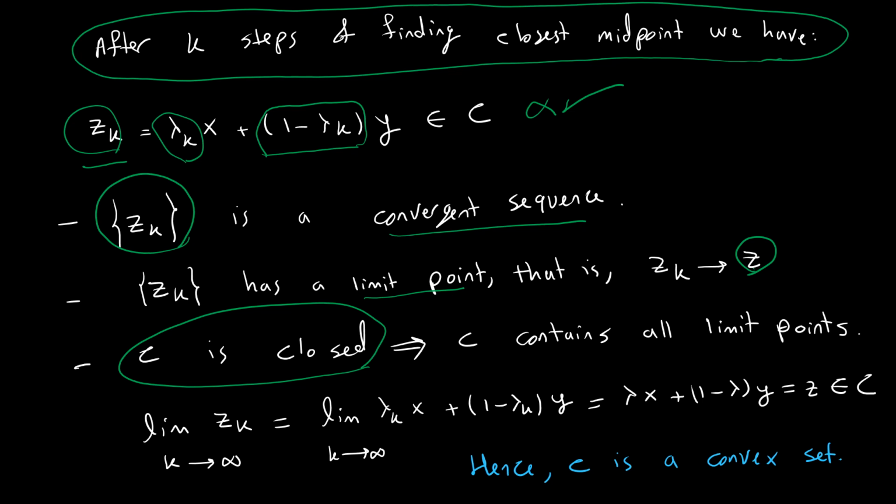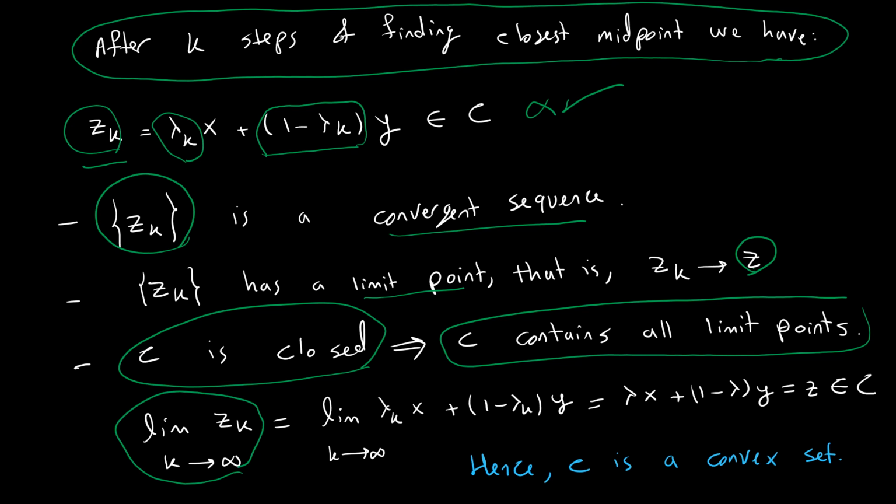So C is closed, therefore C contains all the limit points. If we take the limit of zk, we are taking the limit of the convex combination, and lambda k converges to lambda, therefore we get z.